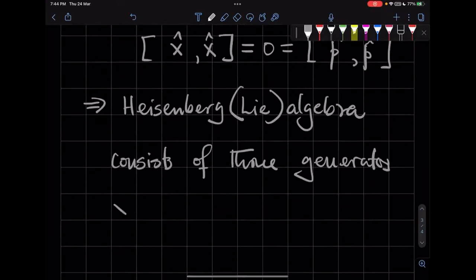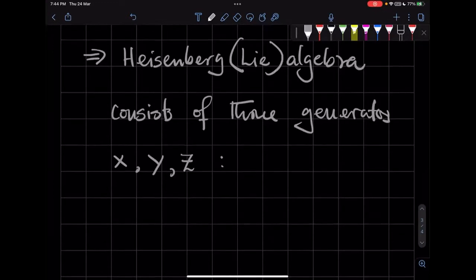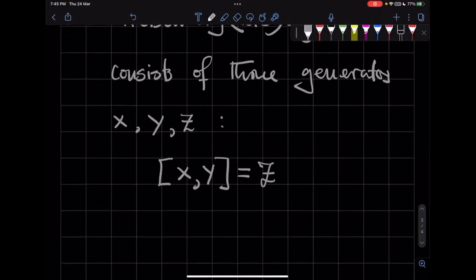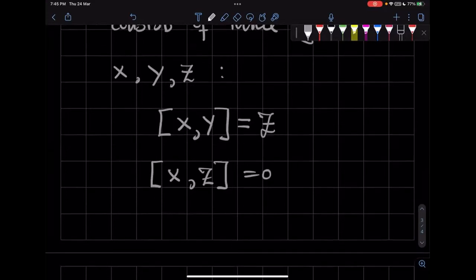These are X, Y, and Z, and they satisfy this commutation relationship. The commutator of X and Y is Z, and X and Z commute. So Z is playing the role of i h bar, and the commutator of Y and Z is also 0.